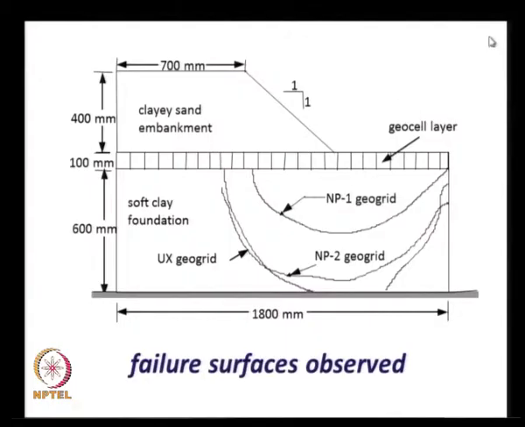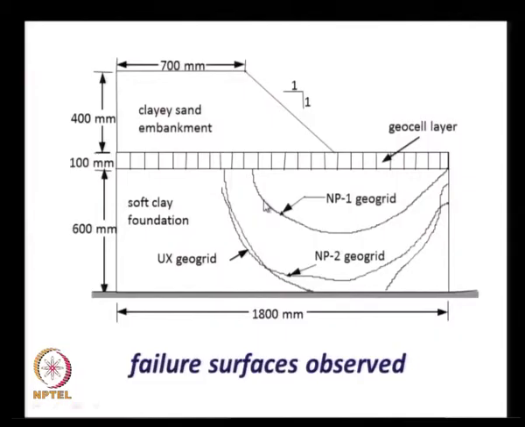And with NP1 type of geogrid reinforcement, the slip circle was something like this, and NP2, interestingly, has a similar tensile strength, but its aperture opening sizes are much smaller, and the performance with NP2 geogrid was almost equal to that of the uniaxial geogrid.